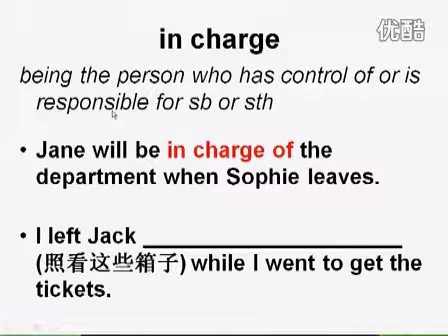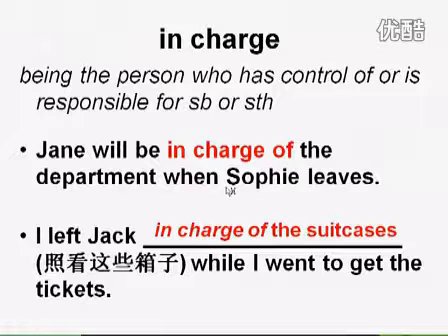Be responsible for or control. 控制、负责 somebody be in control of something or maybe the department. 好，我们看一下这个翻译句子。I left Jack while I went to get the tickets. 我去买票的时候，我请 Jack 来帮我照看这个箱子，Jack 来负责这些箱子哈。那就是 I left Jack in charge of the suitcases, in charge of the suitcases while I went to get the tickets. Right?